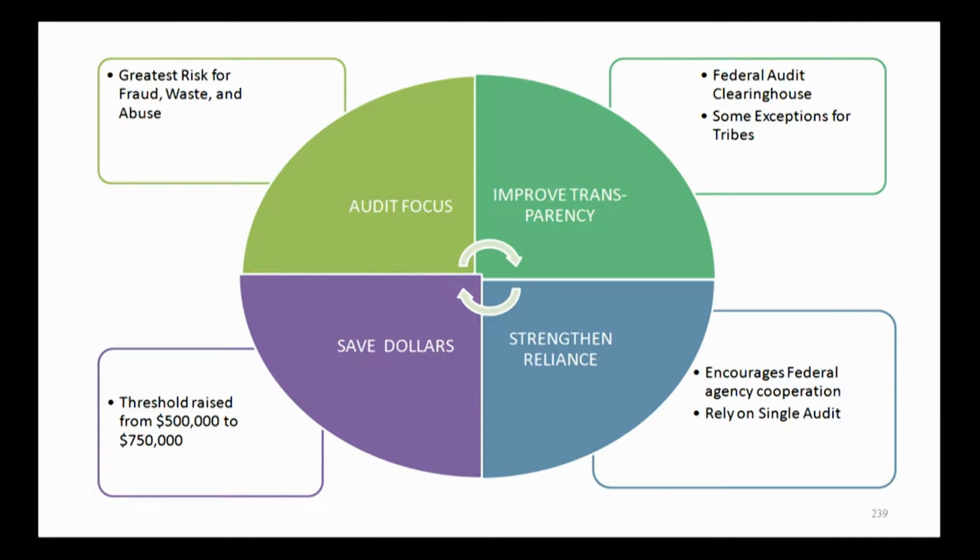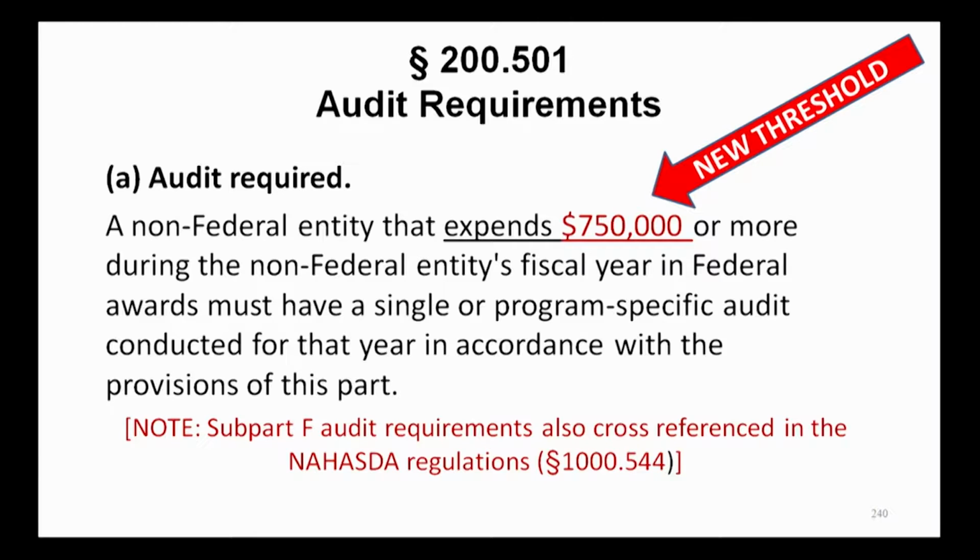And then there are also some mandates for federal agencies to encourage cooperation between agencies in managing audit findings, and also reliance on the single audit once the report is issued. So we'll take a look at each one of those requirements.